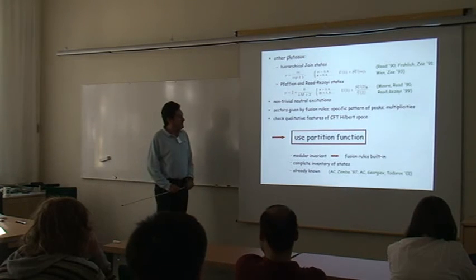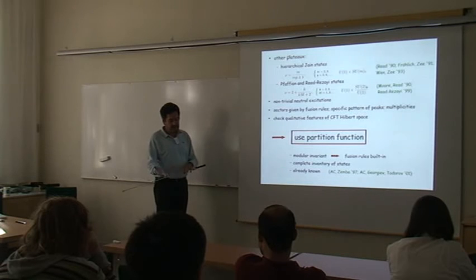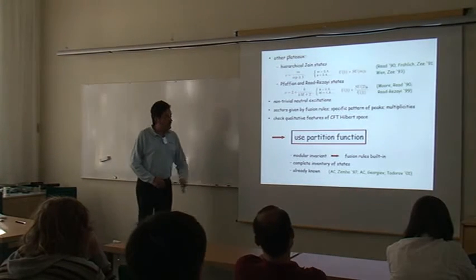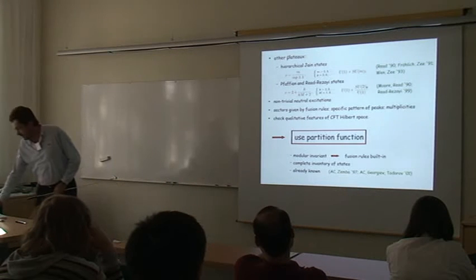And so the partition function is a list of all the possible states, and it contains these different sectors which are related by fusion, and most of them are already known.